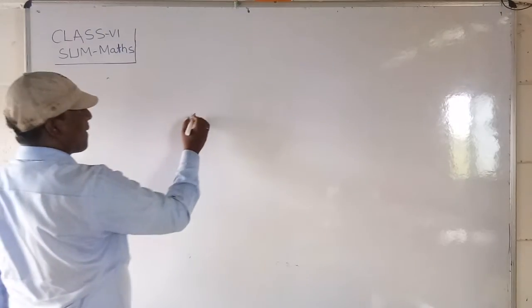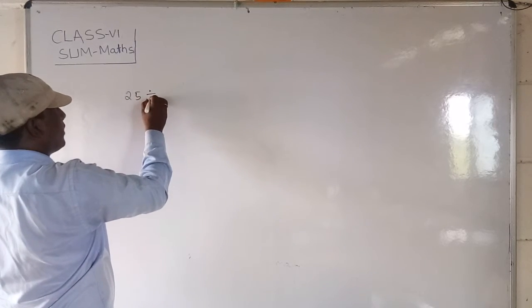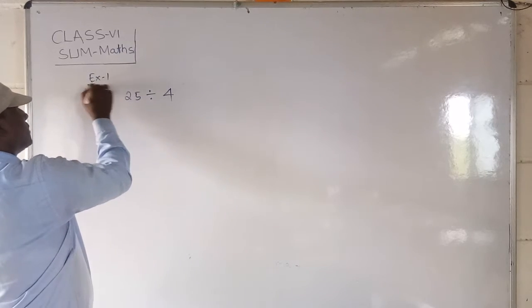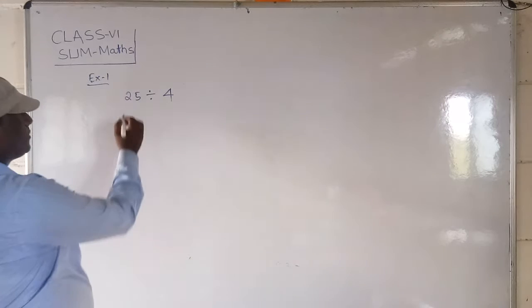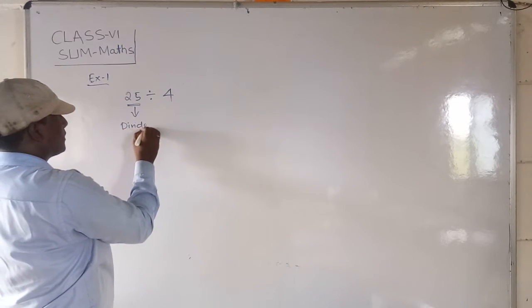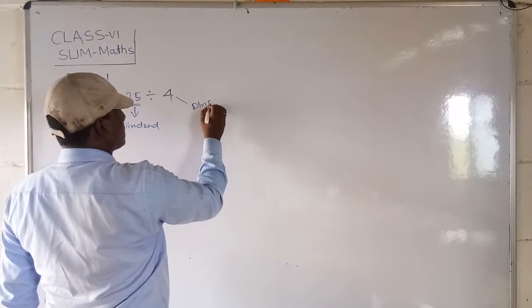Suppose 25 divided by 4. Example we are taking, friends. In this, 25 is called the dividend and 4 is called the divisor.